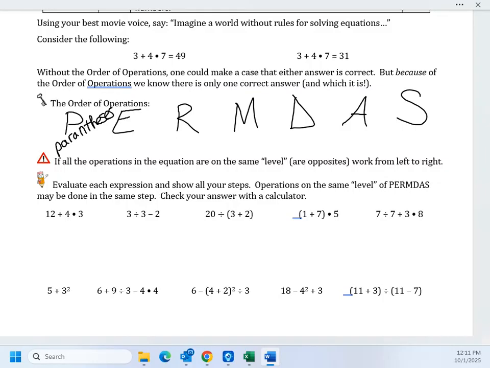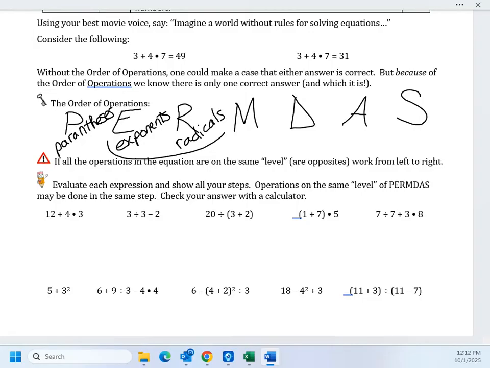Do the parentheses. What is the E? Colton? Exponents. Anybody know what the R is? Henry? Radicals. Exponents and radicals are at the same level. They are opposites of each other. We're going to be learning about those.